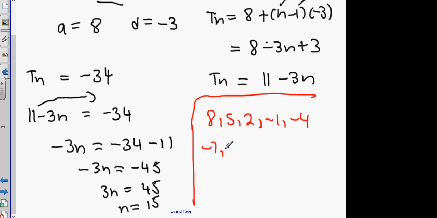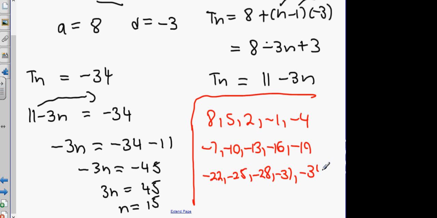Minus 7, minus 10, minus 13, minus 16, minus 19, that's 10. Minus 22, minus 25, minus 28, minus 31, and finally minus 34. I counted down 15 times. n equals 15. That's how it works.